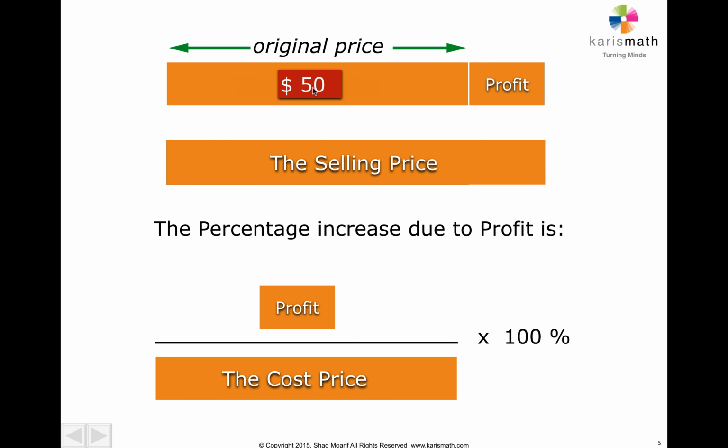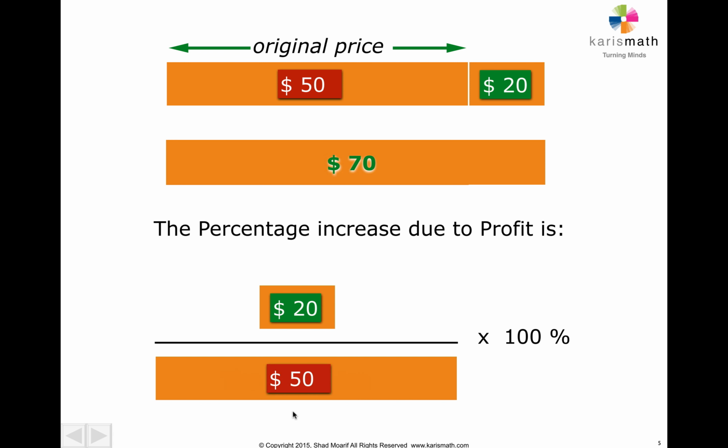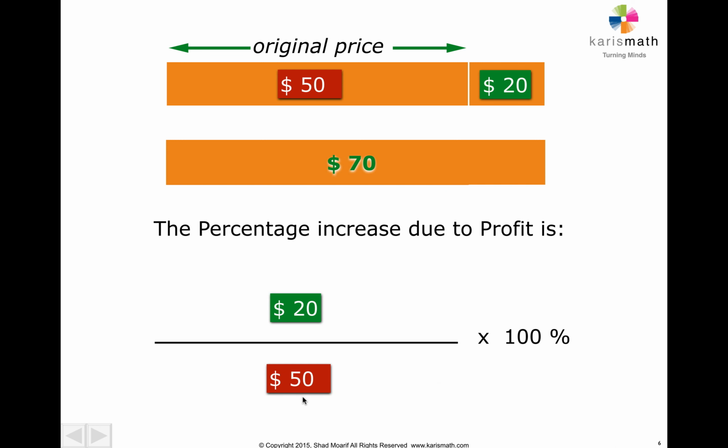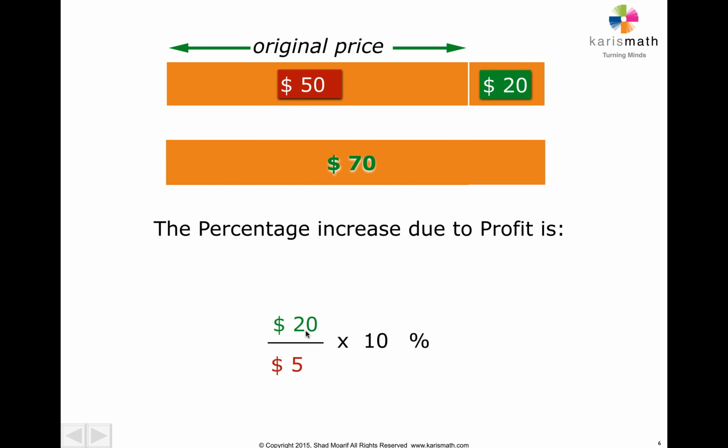So if your original price was $50, but you increased it to $70 by increasing the price by $20, then the amount of increase, which is 20, over the original price, which is 50, will give you the percentage profit. If you multiply this, you'll get how much? 40%.